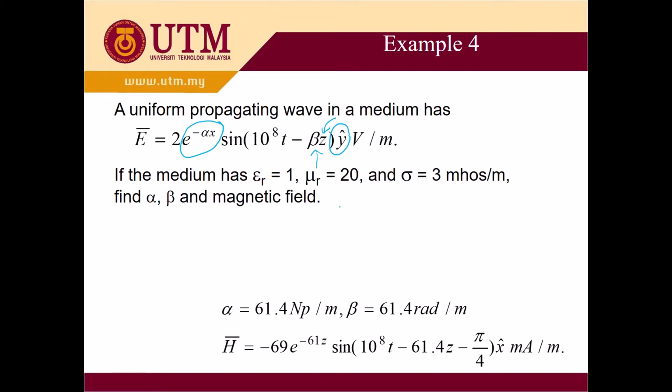Right, this is another extra information about the material given, and this is basically the answer. So how can we obtain this answer? We have to see one by one.